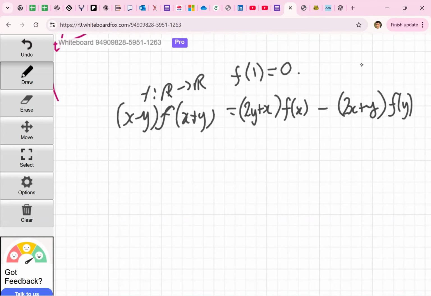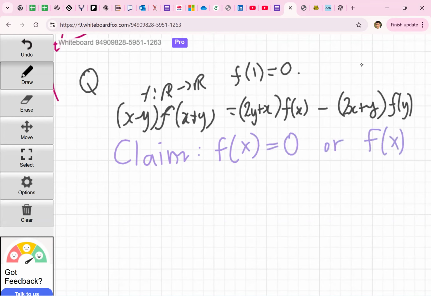So the claim is essentially, this is the question. The answer is that f of x, no, we don't write it like this. We write it like all the functions are some lambda times x cubed minus x, yeah?